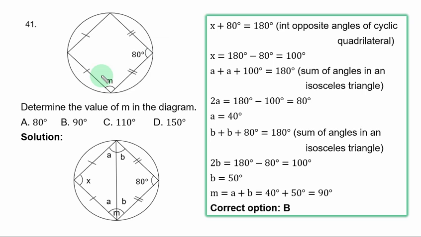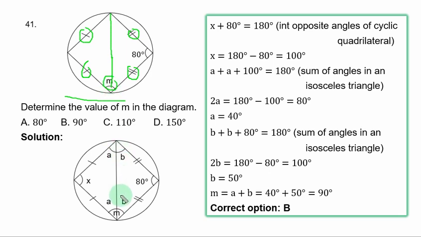Question 41. Determine the value of M in the diagram. The way the diagram is, you cannot get angle M directly. But if you consider these markings and you are able to divide the figure in the circle into two equal parts, you have two isosceles triangles.